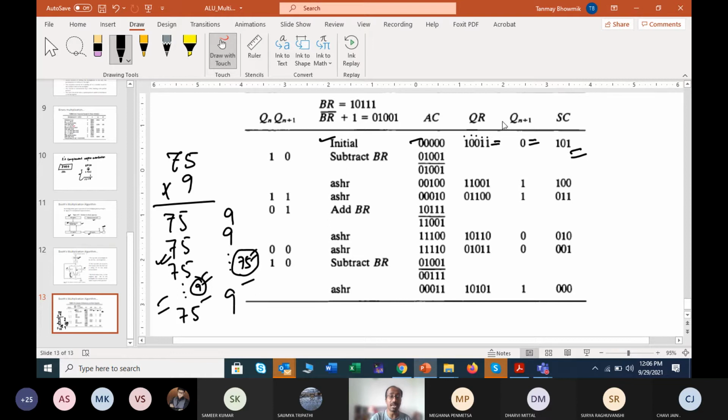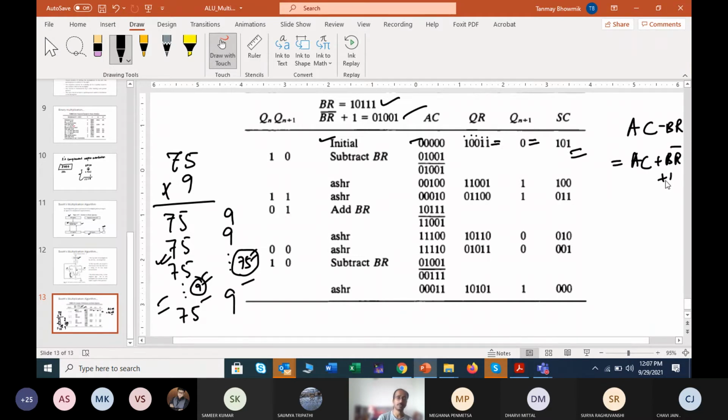Another thing you will observe is that the multiplicand has been stored in BR, and parallelly the complement of BR plus 1 operation has been done already. So they have kept the value ready. No need to panic with this. It is very common that you may need to perform the addition, or you may need to perform the subtraction. So you keep the values ready, because when you perform the operation AC minus BR, this will actually be AC plus complement of BR plus 1.